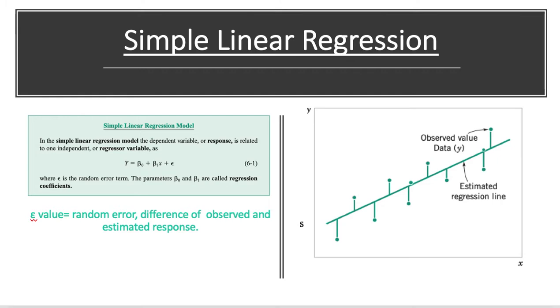The independent variable is denoted as x, and the dependent variable, or response, is denoted as y. Epsilon is the random error term, while parameters beta 0 and beta 1 are called regression coefficients.